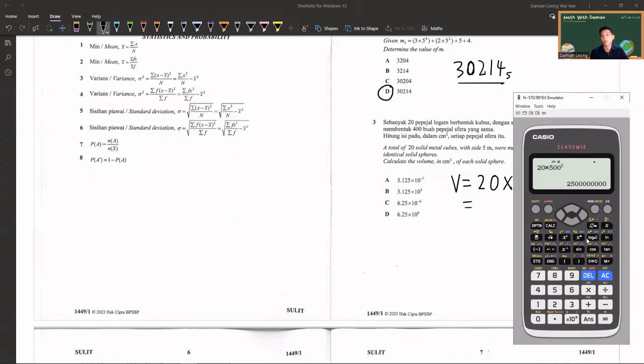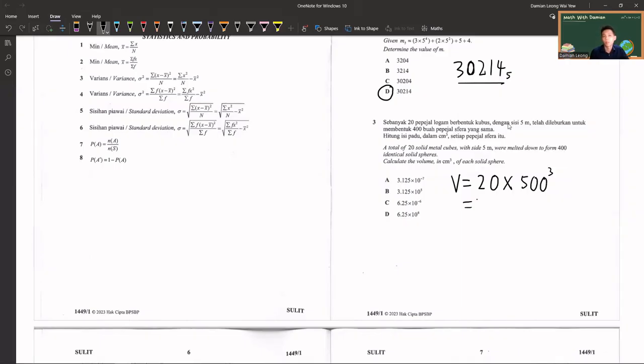So kami boleh letak dalam bentuk piawai. Okay, so we can put standard form, bentuk piawai.